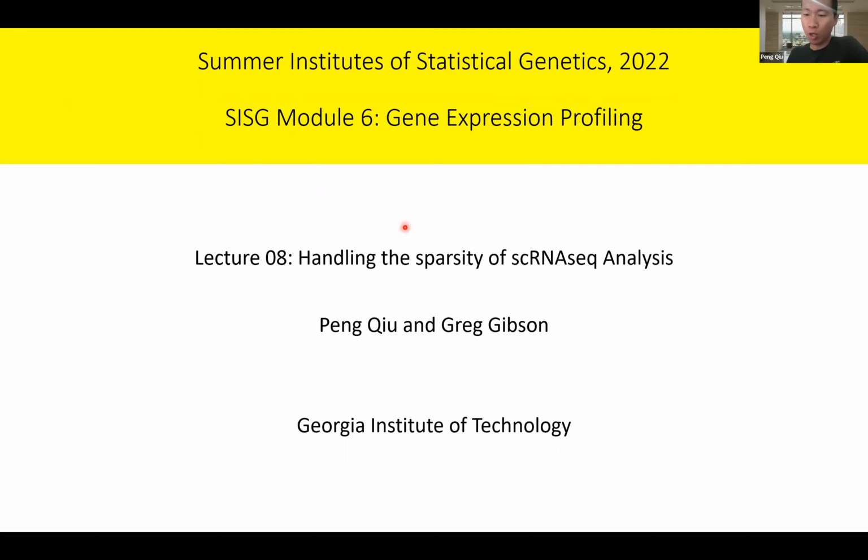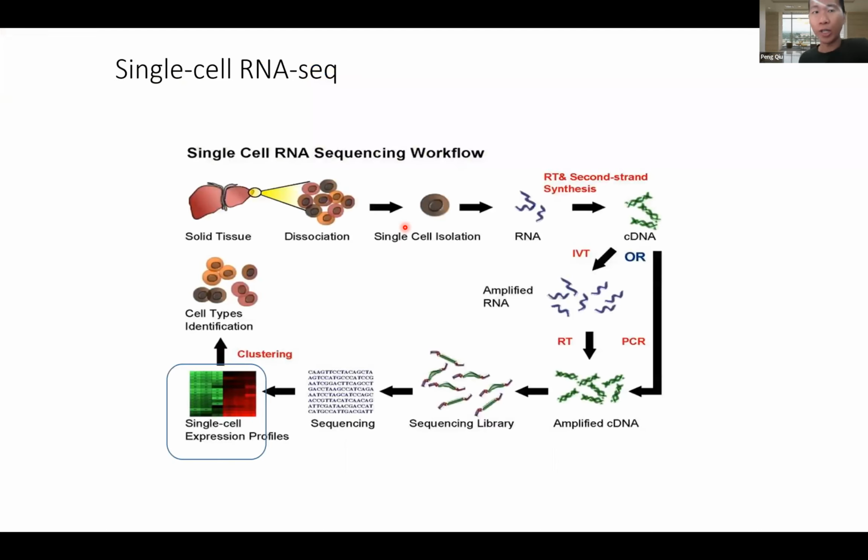Okay, so in lecture number 8 of this module, I would like to spend more time to talk about one specific issue in single-cell RNA-seq, which is the sparsity of the data. Okay, so in the grand scheme of the single-cell RNA-seq workflow, the computational question regarding improving the quality of the data resides right here, in this step or this component.